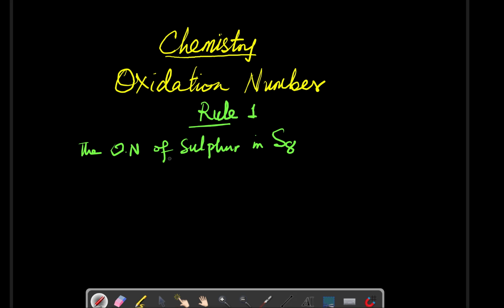Now the first rule is this, write it down. Rule 1, the oxidation number of a free element. Free element, you know what a free element is?